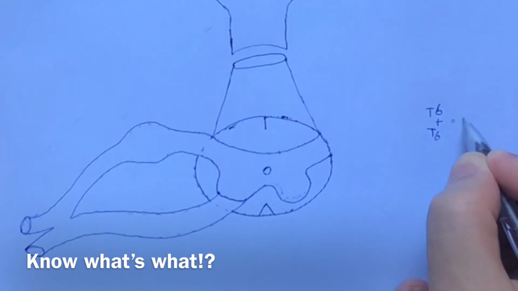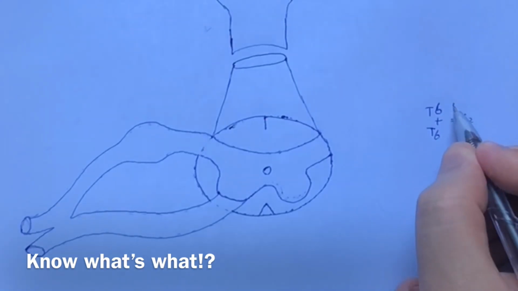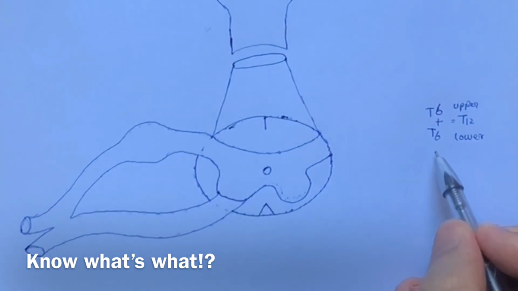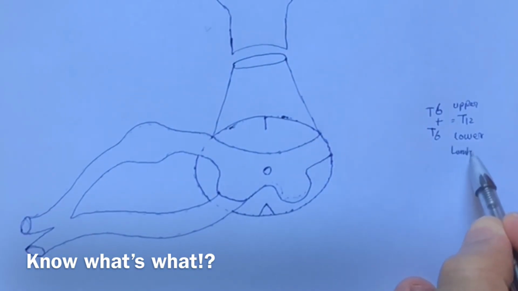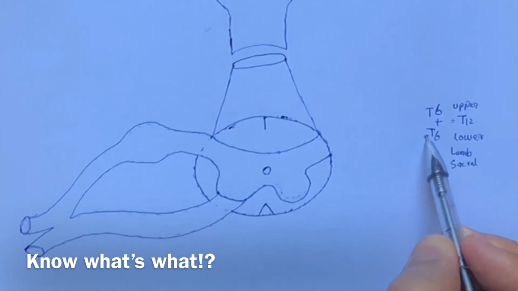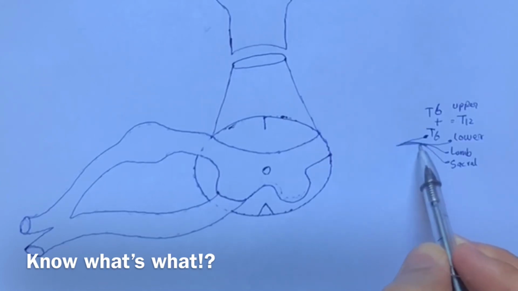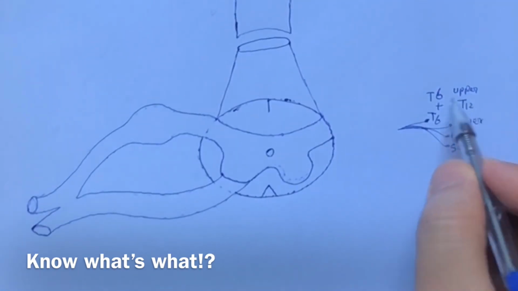So here we divide the thoracic segment or region into upper and lower thoraces. So the lower 6 thoraces, the lumbar and sacral. Now, these fibers will have a cell body in the posterior root ganglion.